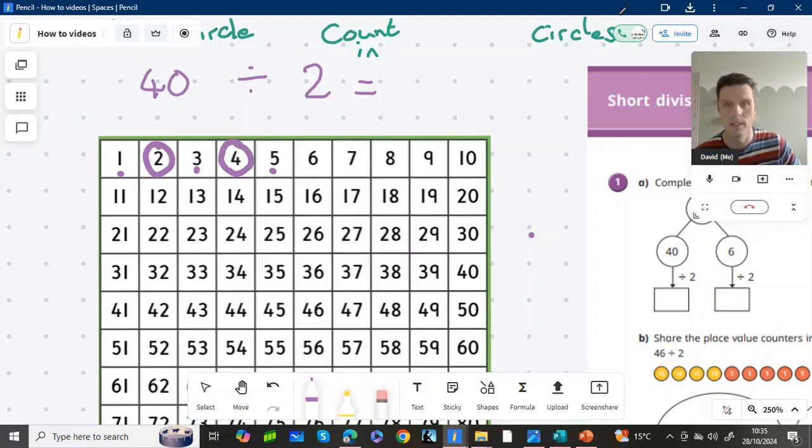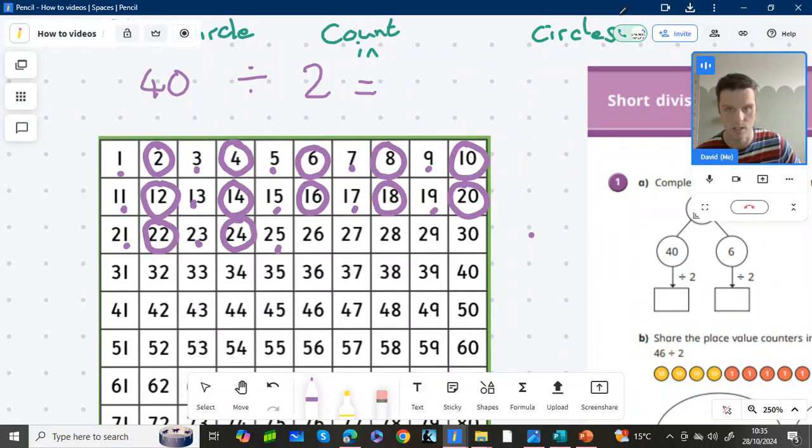You keep going, counting in 2s all the way until you get to 40. Now it's really important you only do circles on the second number, because you'll be counting the circles in a second for your answer. I use circles so that you can still see the number underneath. If you colour them in, it makes it a bit distorted. Okay, and then our final one, 40.